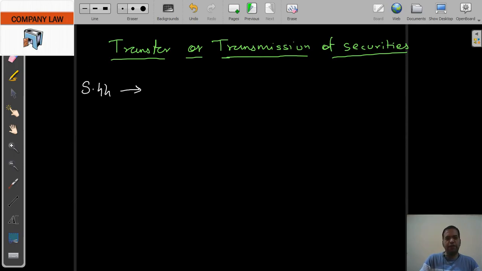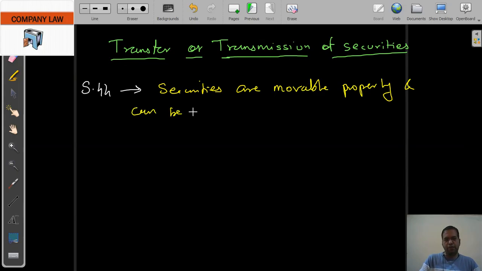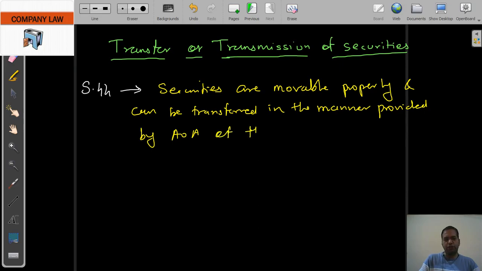So section 44 says that securities are movable property and can be transferred in the manner provided by the articles of association of the company.